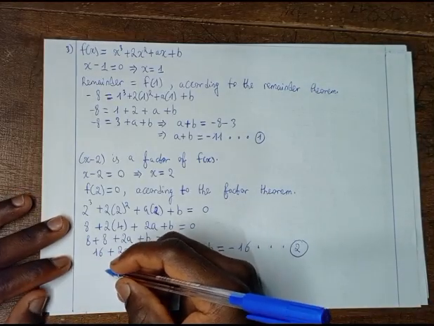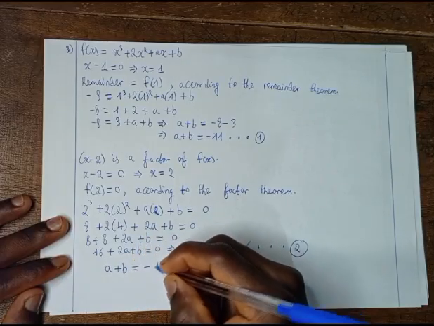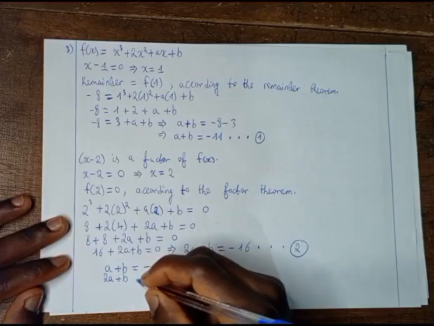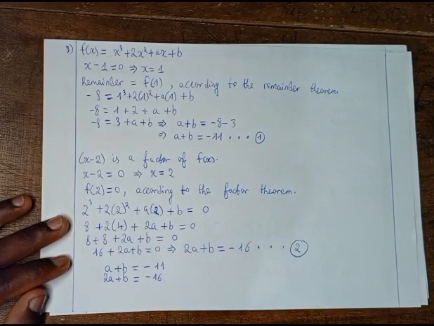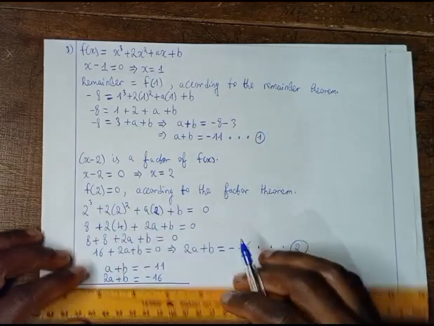Let's solve the equations. We have a plus b is equal to negative 11. We have 2a plus b is equal to negative 16. We are going to subtract these two equations to eliminate the variable b.